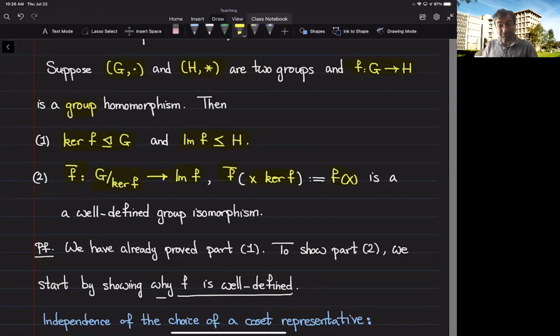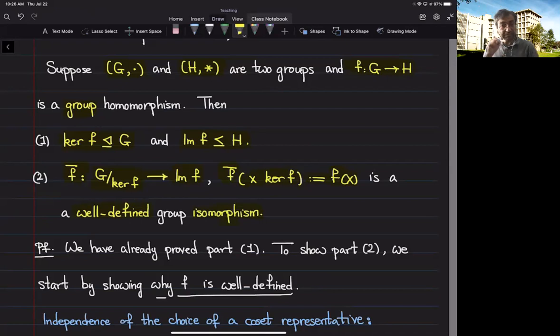So if I pick a coset representative X and I apply F to that coset representative, then this gives us a well-defined isomorphism from the factor group G over kernel of F to the image of F. So that's the claim, that this is a well-defined group isomorphism from this factor group to image of F.